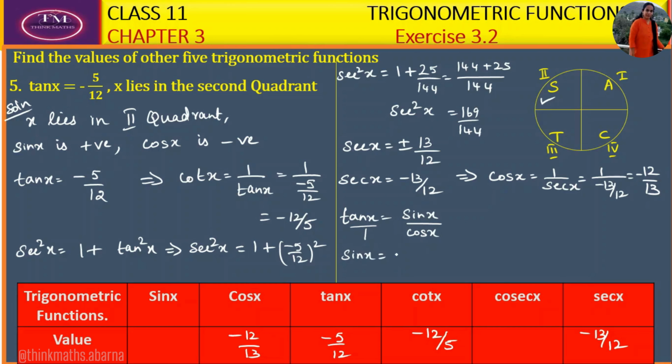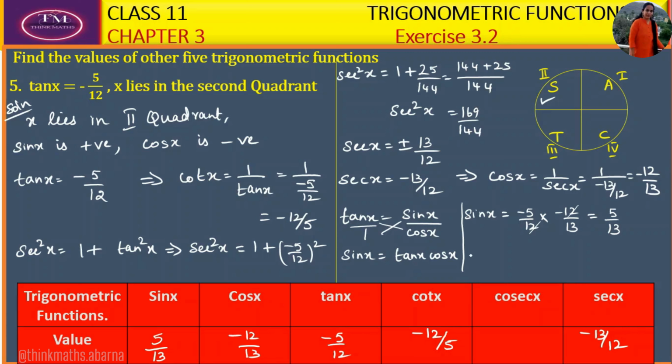So sin x equal to, what is tan x? Minus 5 by 12 into what is cos x? Minus 12 by 13. Minus into minus is plus. So 12 gets cancelled and we will have plus 5 by 13. So sin x is 5 by 13.